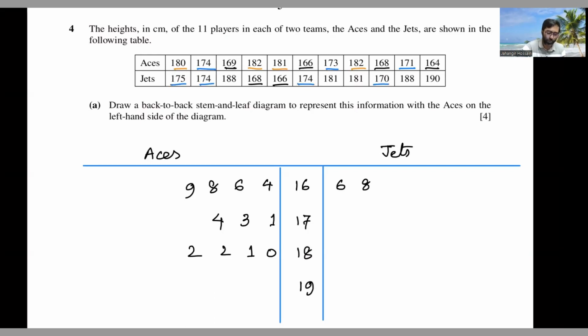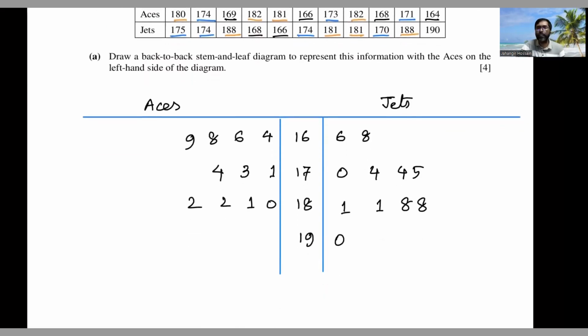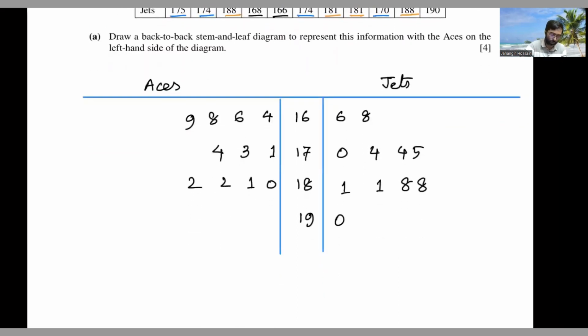In the 180s, we have 1, 1, 8, 8, and in the 90s we have only 1 from 190. So this is the diagram, and don't forget to add the key.